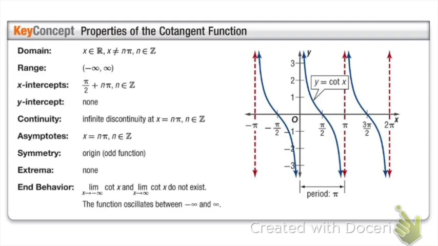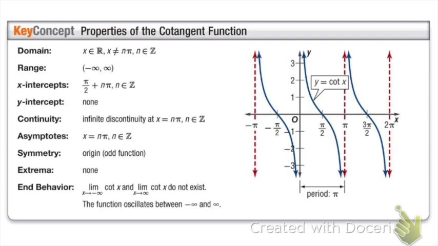Our x-intercepts are at pi halves plus a multiple of pi, because our period is pi, so they repeat every pi. There are no y-intercepts in this one because the vertical asymptote is the y-axis, and we have infinite discontinuities at these vertical asymptotes. This is an odd function.